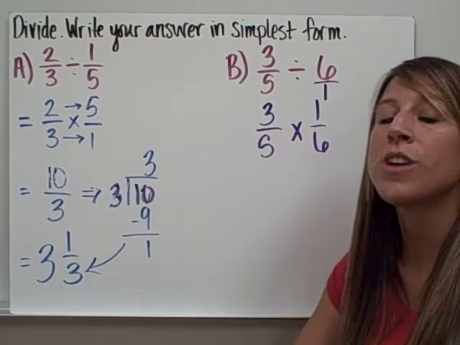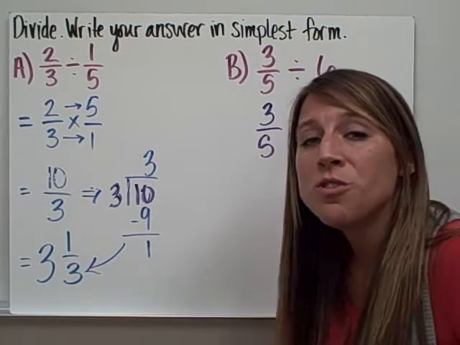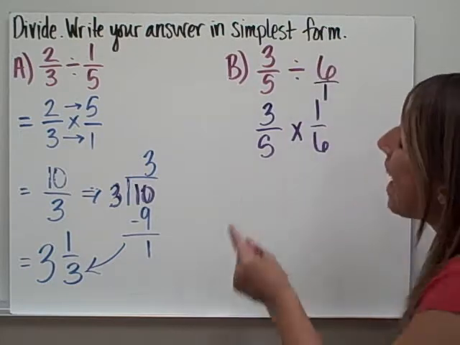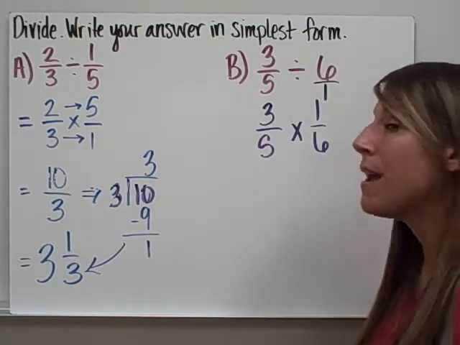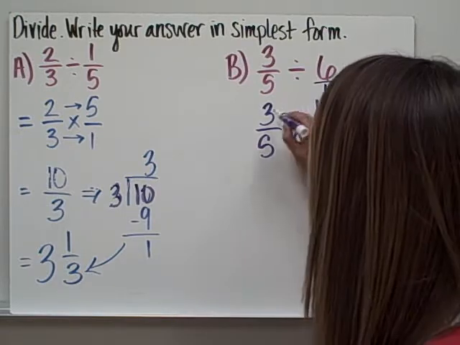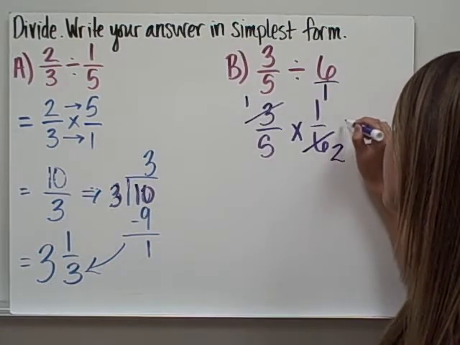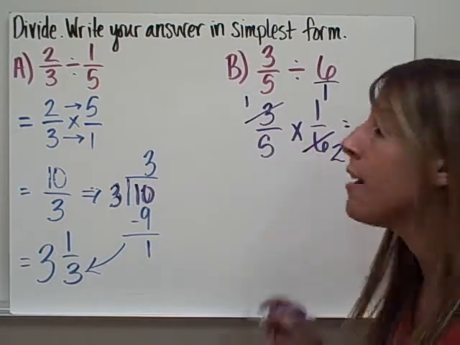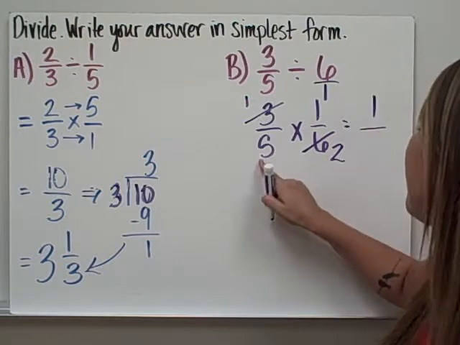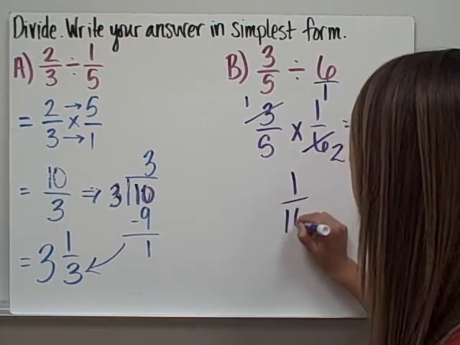Now I have a straight up multiplication of fractions problem. And when I'm comfortable with multiplying fractions, I could cross cancel here. 3 and 6 share a greatest common factor of 3. 3 goes into itself once, into 6 twice, and then I multiply straight across to get 1, and then 5 times 2 is 10. So my answer here is 1/10.